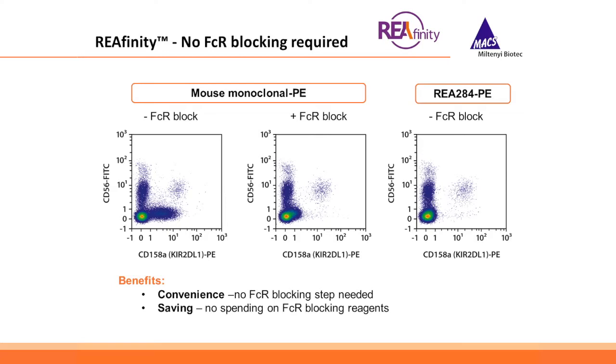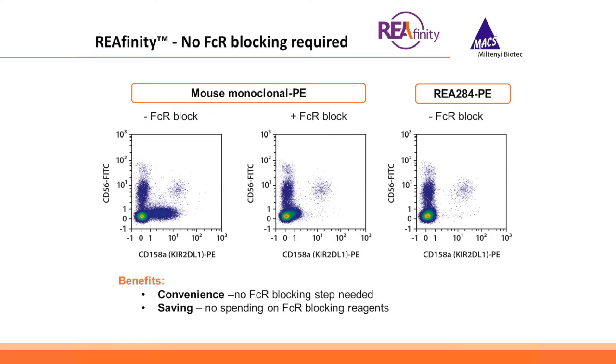Here we use it without FcR blocking, and in this example we use it with FcR blocking. With FcR blocking you have one major CD158 positive population. If you don't use FcR blocking, you have this population as well, but you have a big additional population. This is a really high background due to the FcR binding of the antibody, and it's really a lot of cells.